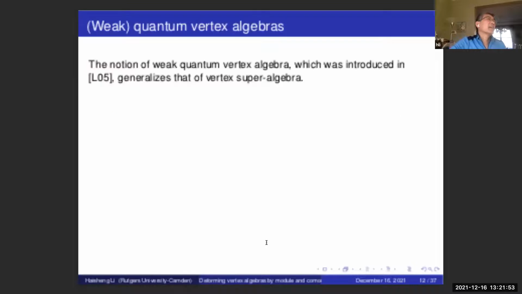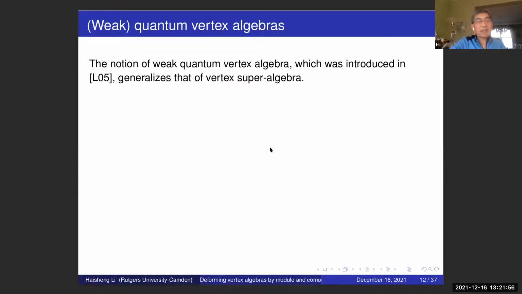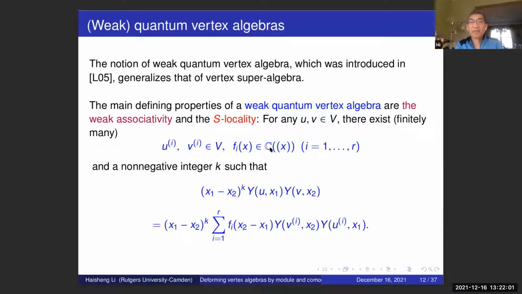For weak quantum vertex algebra, I already mentioned the generalization for super algebras. Let's quickly go through this. First, we have the weak commutativity and weak associativity, and the only difference is the weak, or what you call S-locality. This is a notion due to Etingof-Kazhdan. Simply look at the bottom here: for two associated vertex operators, when you commute them, the right side is not necessarily Y(v,x)Y(u,z).